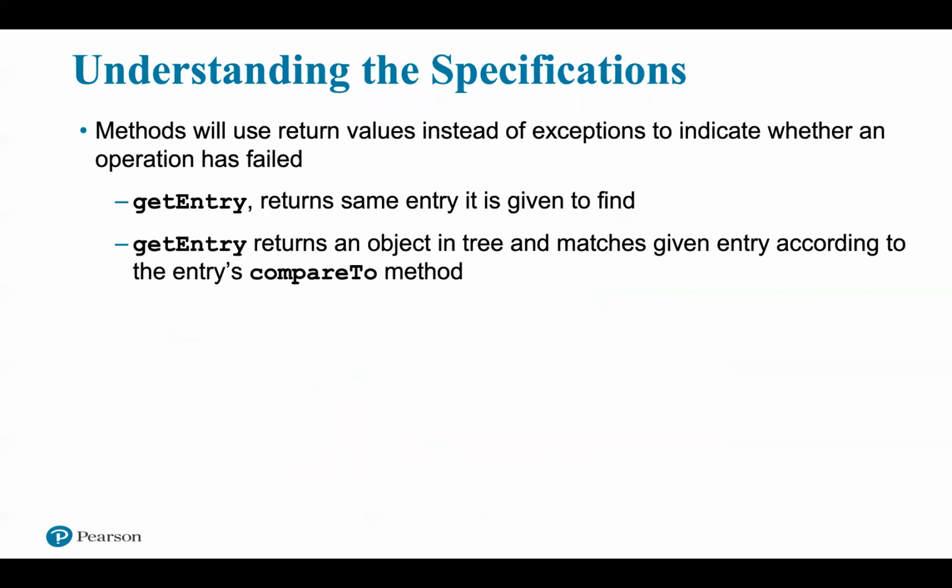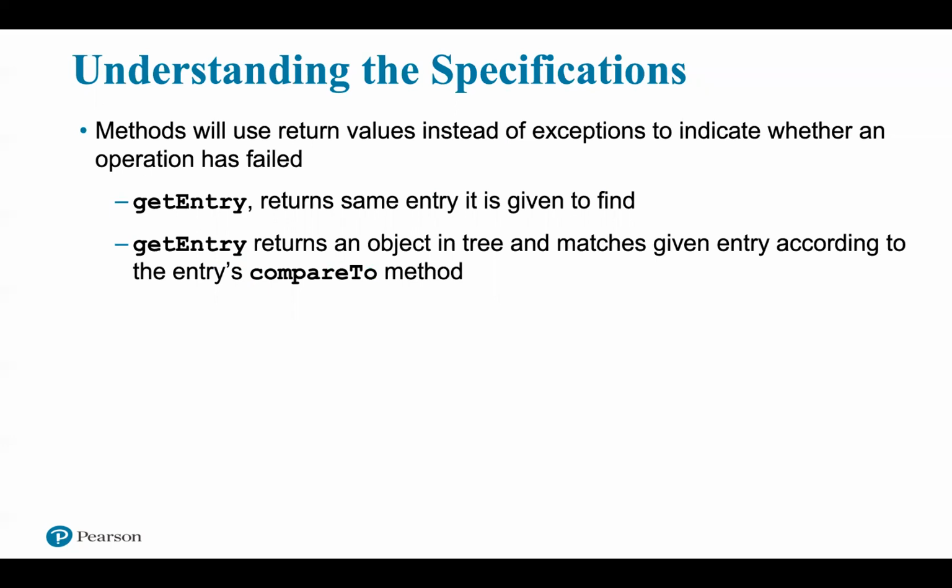So let's start to explore this more, understanding the specifications. These specifications allow us to use a binary search tree in the implementation of an ADT dictionary. As you will see later in this chapter, the methods return values instead of exceptions to indicate whether an operation has failed.